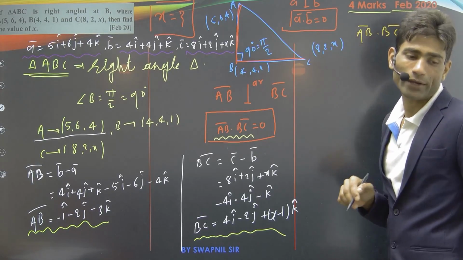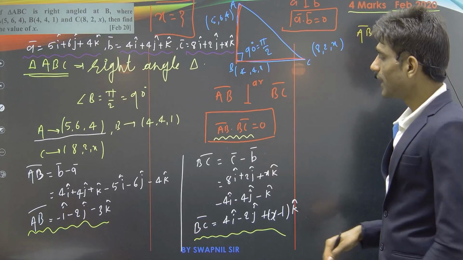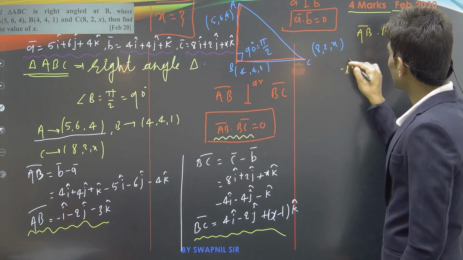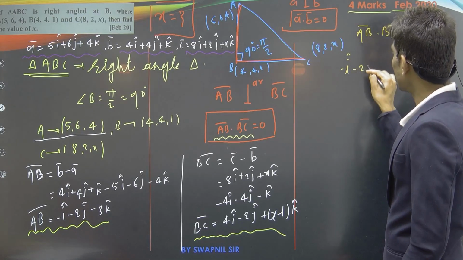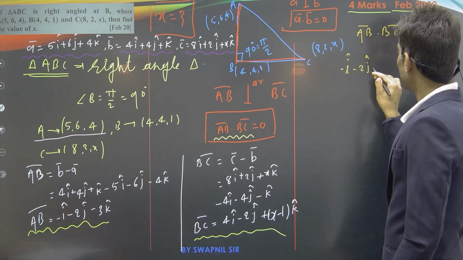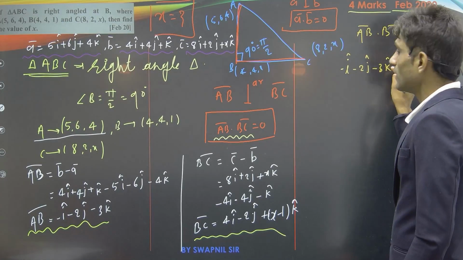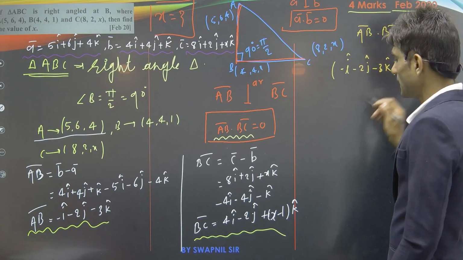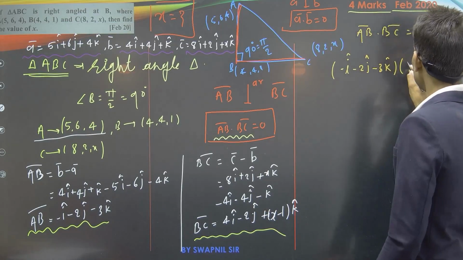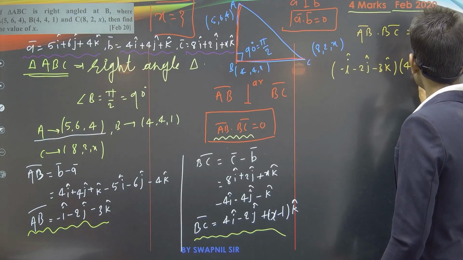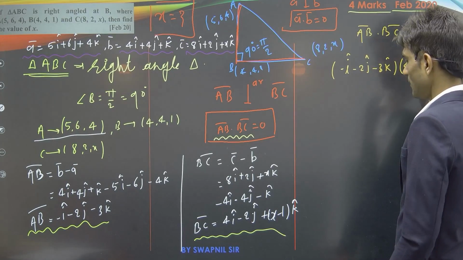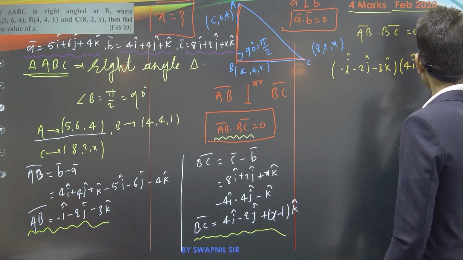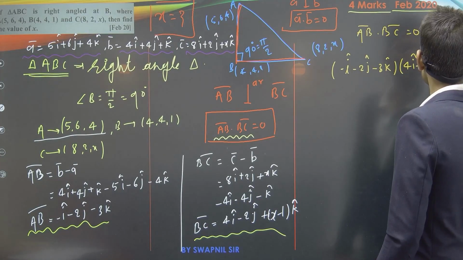Now substitute the value for AB, which is here: minus i cap minus 2 j cap minus 3 k cap, multiplied by 4 i cap minus 2 j cap plus (x minus 1) into k cap, which is equal to 0.